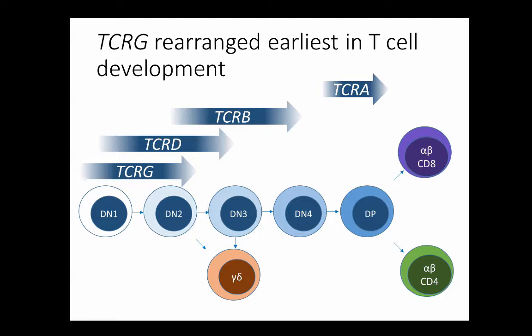These two are required to have your gamma delta T cells. And somewhat simultaneous to that, but a little bit downstream of that, we have the beginning of the rearrangement of TCR beta, followed by TCR alpha, which are important for alpha beta T cells, which are probably more familiar as they constitute the majority of T cells. So I mentioned TCR gamma is rearranged first in development.